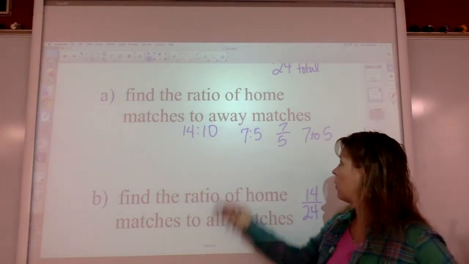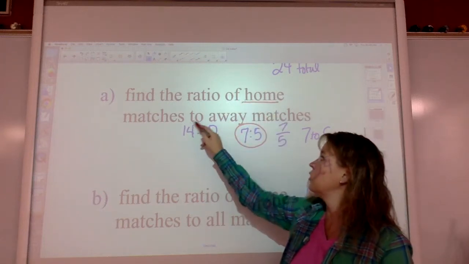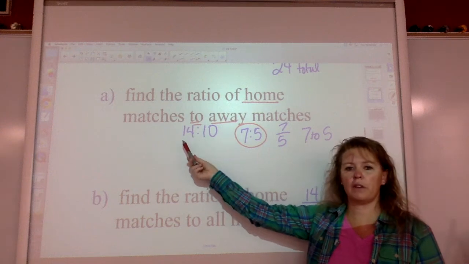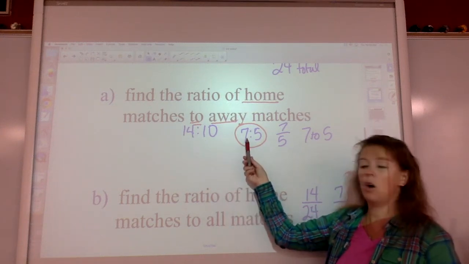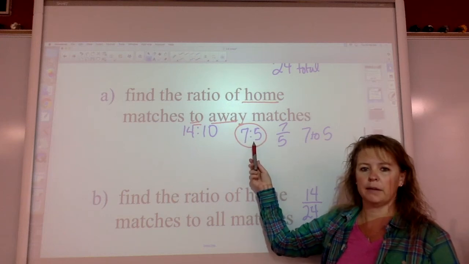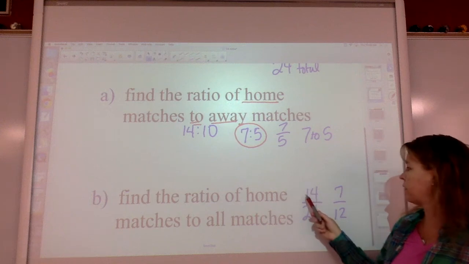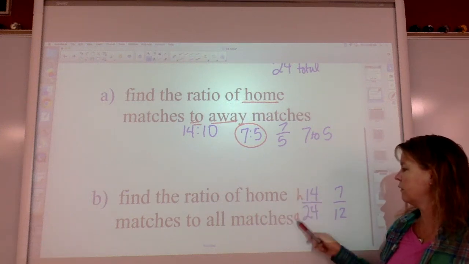Very important when we answer these. If it says home to away, you have to write the home number first. Home, then away. Reduce. For every 7 home, there's 5 away. Same thing here. It said home matches to all matches. There were 14 home. There were 24 total for all of the matches.